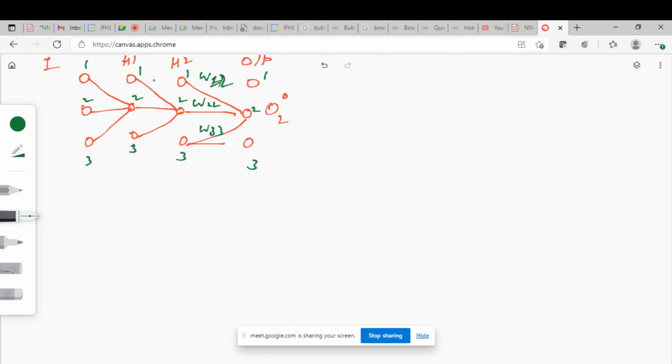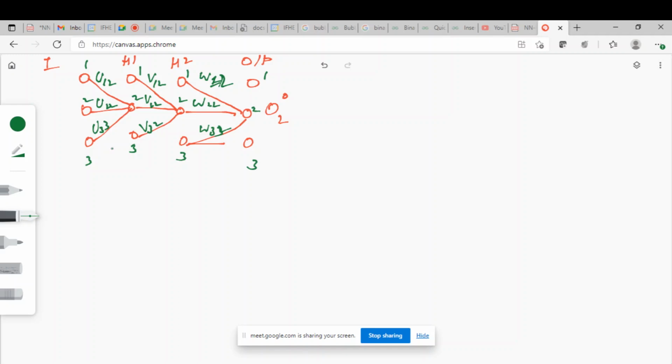Now say for example I want to know what will be the change if we change this weight U33. If you change this weight, what will be the change in error?